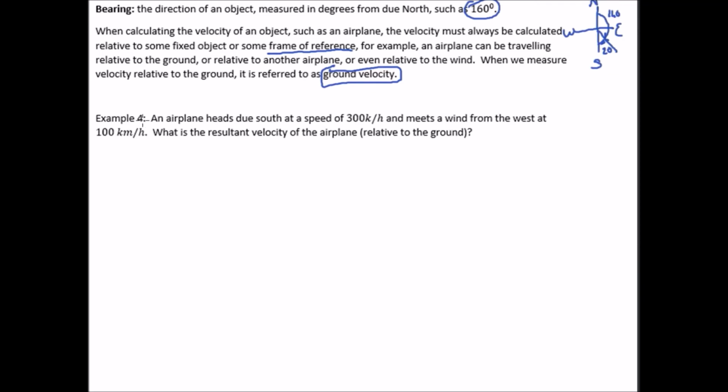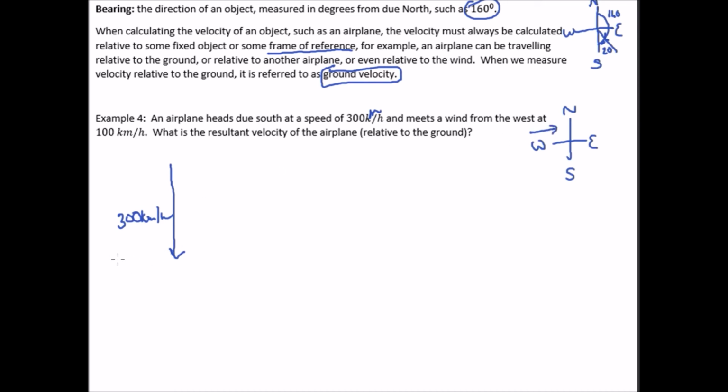Okay, so example 4. An airplane heads due south at a speed of 300 kilometers an hour. So south is down, and the magnitude of this vector is 300 kilometers an hour. It meets a wind from the west at 100 kilometers an hour. When we talk about from the west, it's coming from the west and going east.